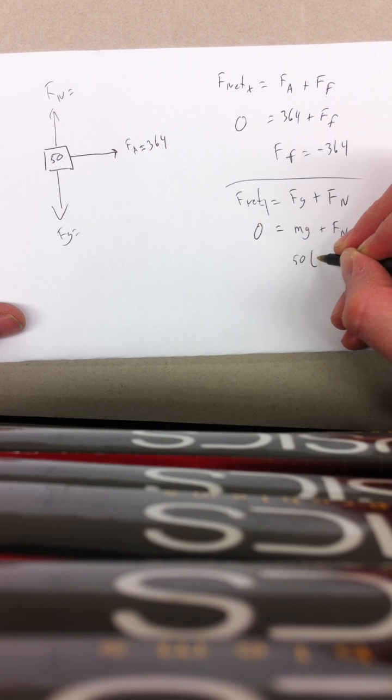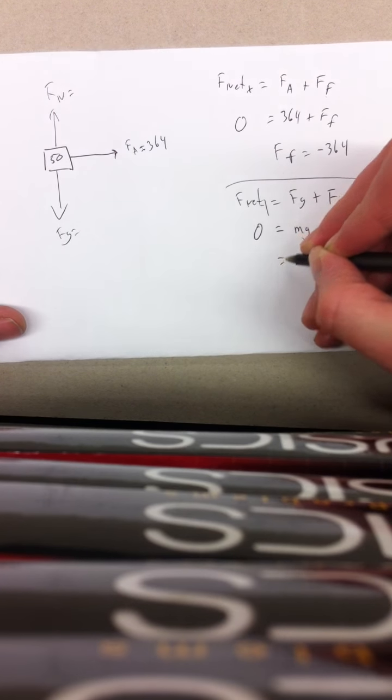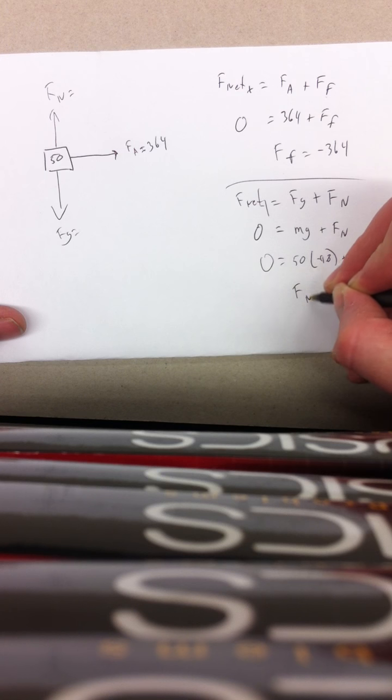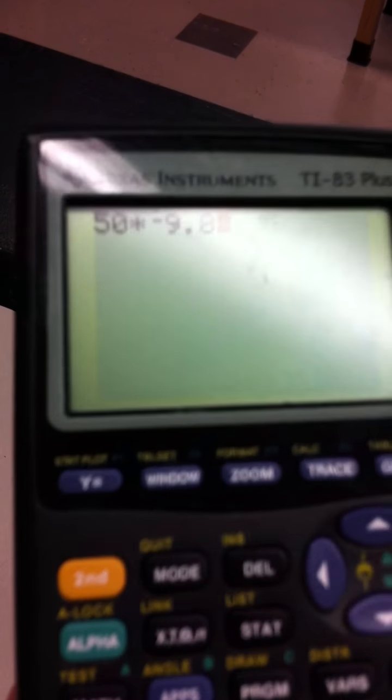Gravity is negative 9.8. It's equal to 0. So we got 50 times negative 9.8. It's negative 490.